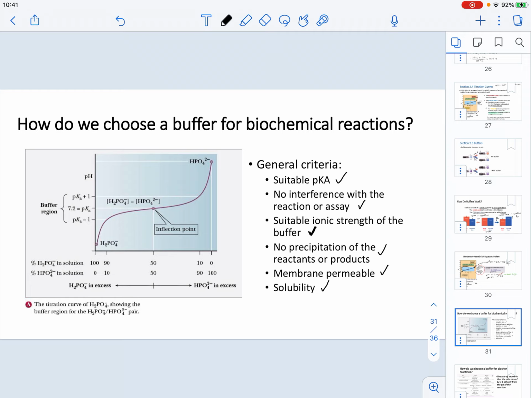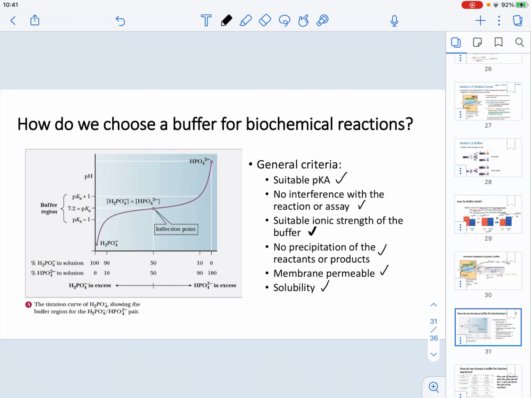So understand that this figure on the left side of the slide is just illustrating a different buffer system. This is the titration if we have phosphoric acid as a buffer system, but it's illustrating the same thing that I was mentioning before.